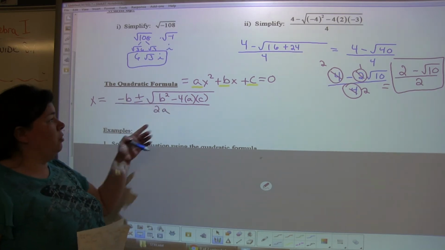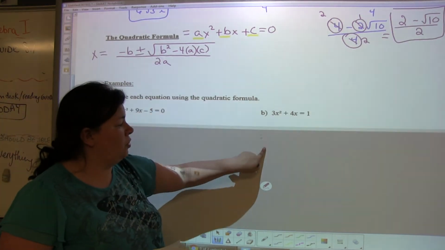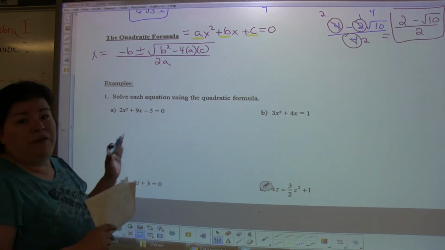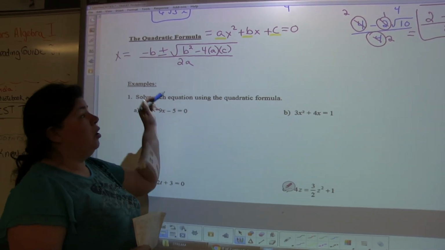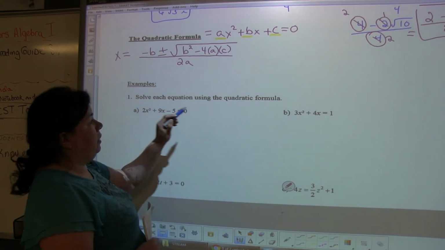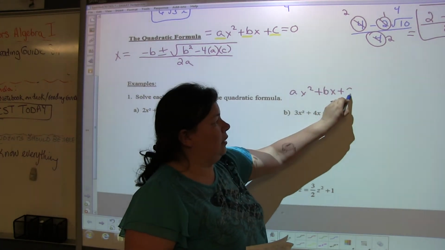And so what we're going to be doing now is some example problems where we use the quadratic formula to solve a quadratic equation. The very first step of using the quadratic formula is that we need our quadratic equation in standard form, meaning ax squared plus bx plus c equals 0.